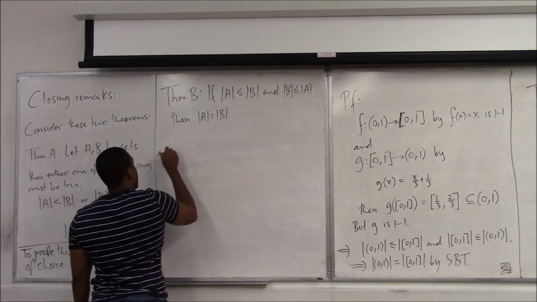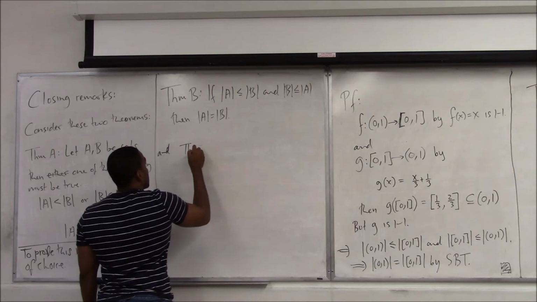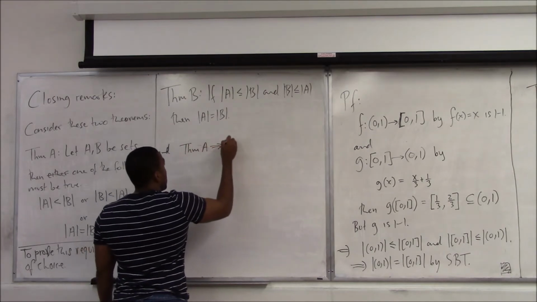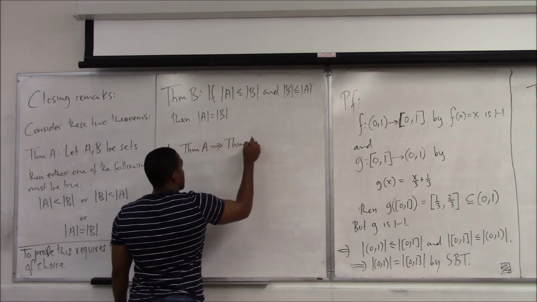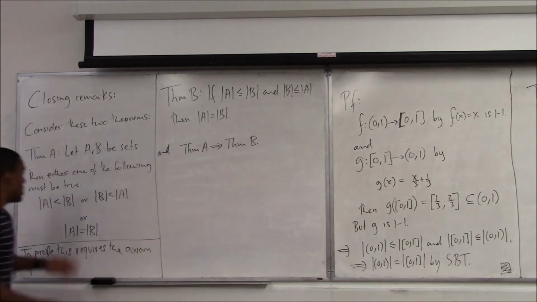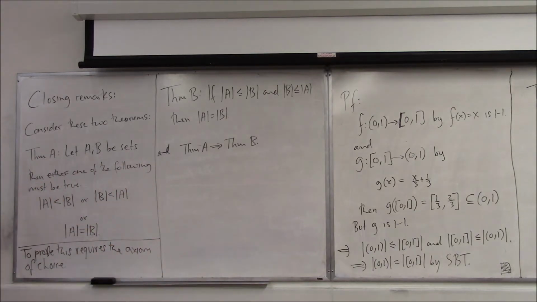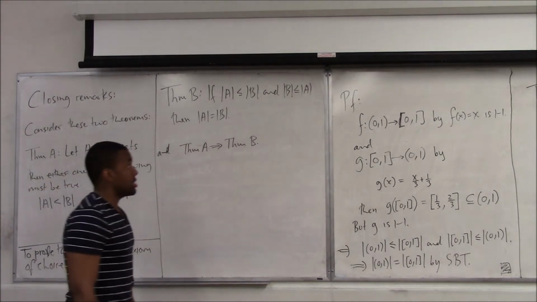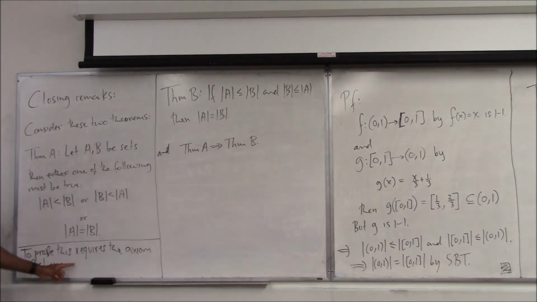And by the way, theorem A would imply theorem B. So if you assume these are the only three possibilities for the cardinalities of sets, then Schroeder-Bernstein is inescapable. This, of course, requires that you accept the axiom of choice. Right?